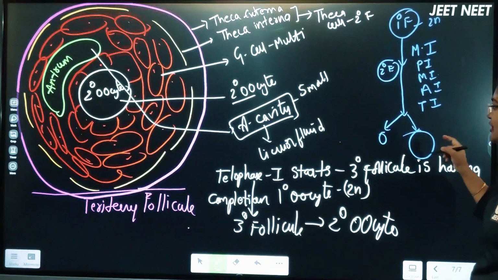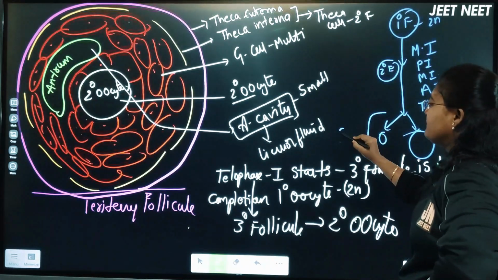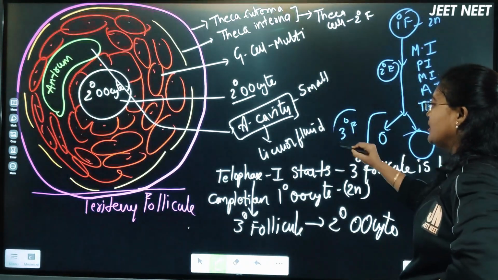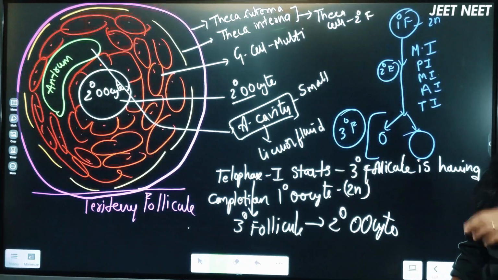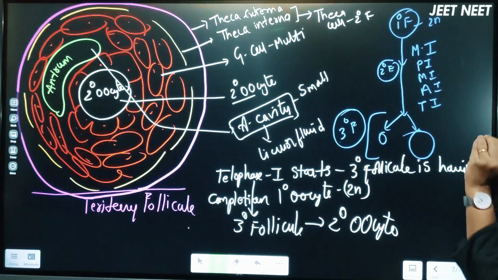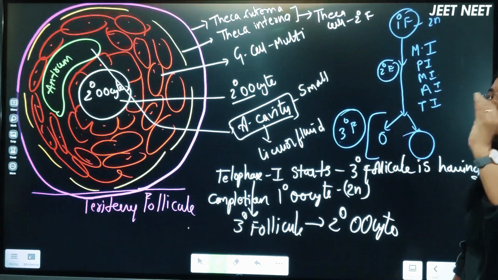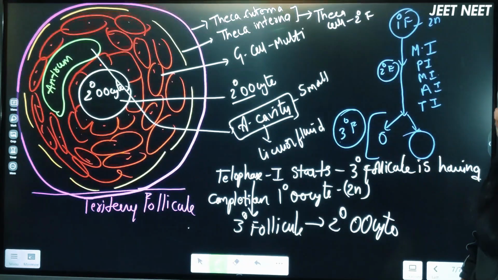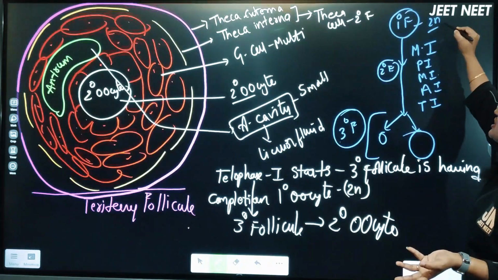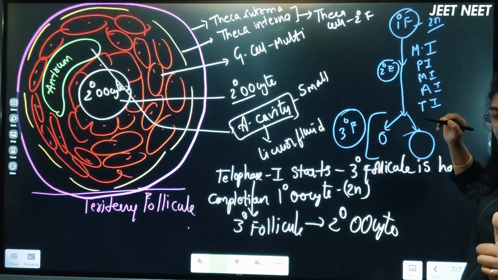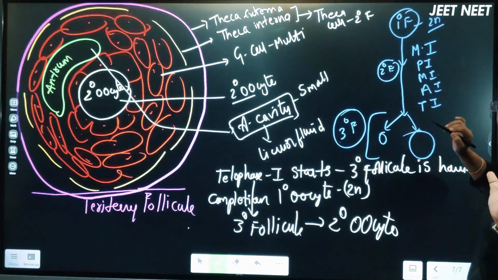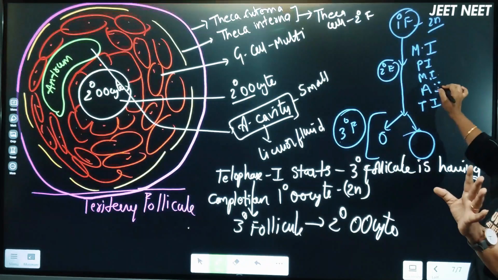Once it is complete, it has formed which structure here now? Tertiary follicle. In other videos you don't find this point very clearly, so please understand it carefully. I'm telling you the imagination of this diagram. The primary follicle, which is 2n, started meiosis 1, prophase 1, stopped its division, as we all know.